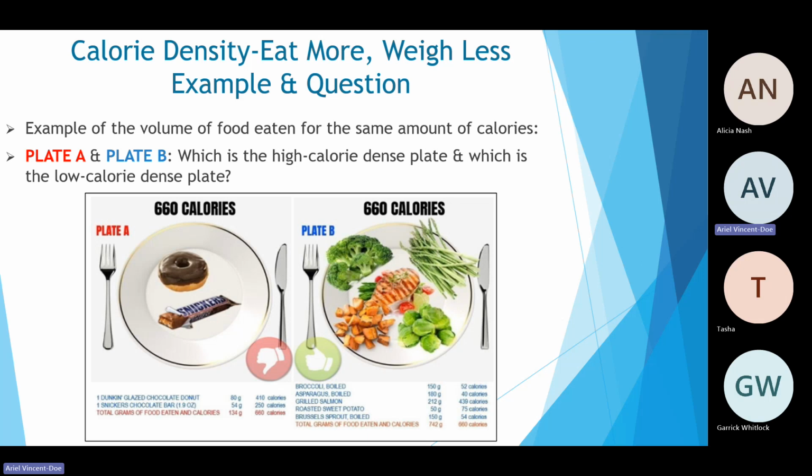Now let's look at plate B. On plate B, you have boiled broccoli, asparagus, grilled salmon, a roasted sweet potato, and Brussels sprouts. This is 660 calories. So you get more on plate B than plate A, and this goes back to the low calorie density versus the high calorie density.